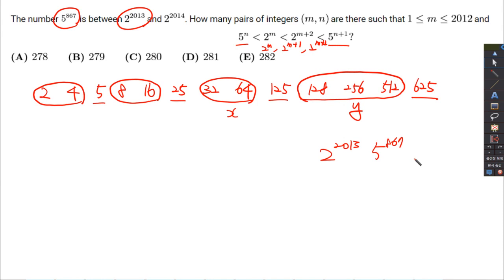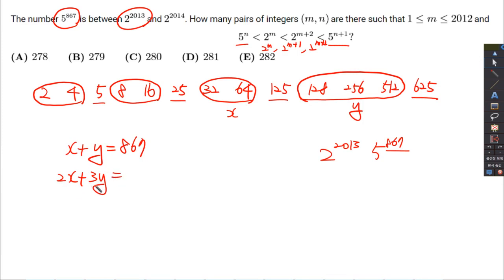So when we add the intervals made by powers of 5, that will make the sum of x and y. And the number of intervals is 867. And for the intervals made by powers of 2, for x we multiply by 2, and for y we multiply by 3 because it contains 3 powers.